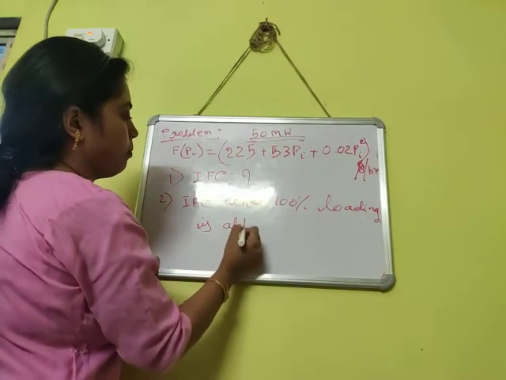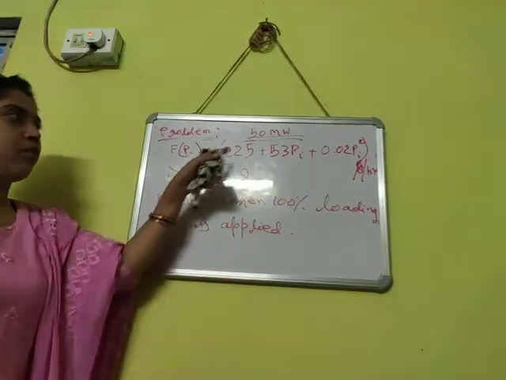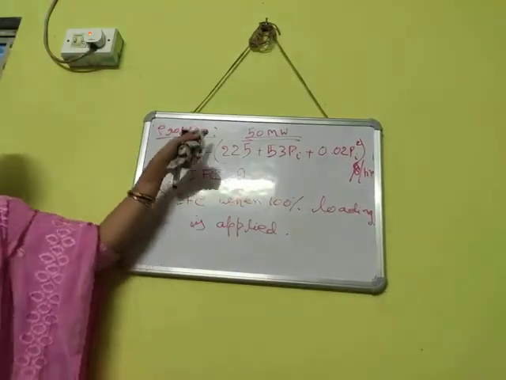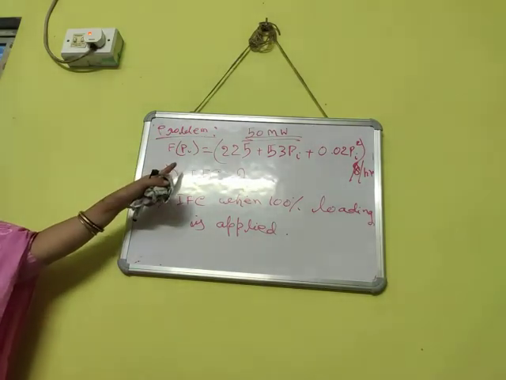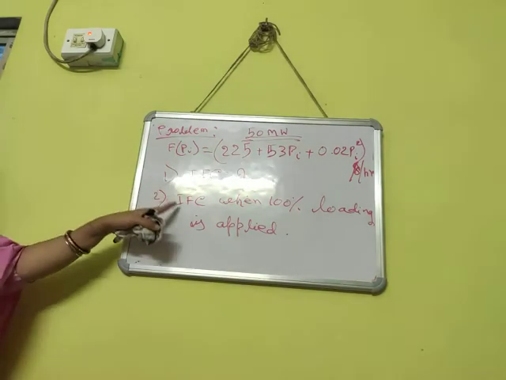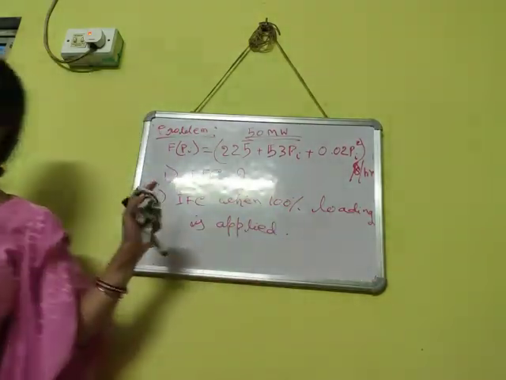That is our problem. Then how we will solve that problem? The cost function is given, we have to find out the IFC expression first, and second IFC when 100% loading is applied.